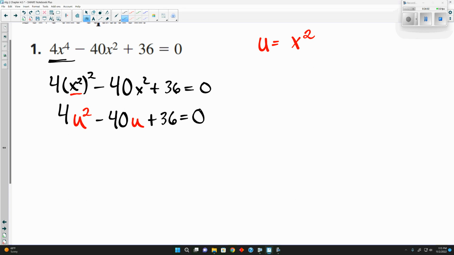Now, when we started with this here, 4x to the 4th minus 40x squared plus 36 did not look like something we could factor. But by replacing x squared with u, we now have 4u squared minus 40u plus 36. That's a quadratic. We're used to factoring those. So we could work with that.